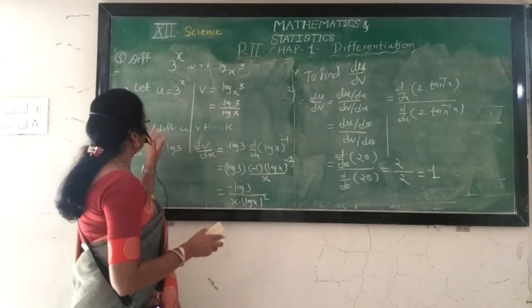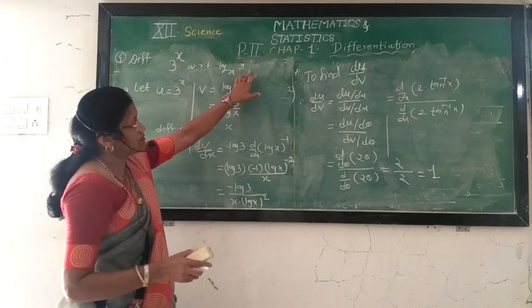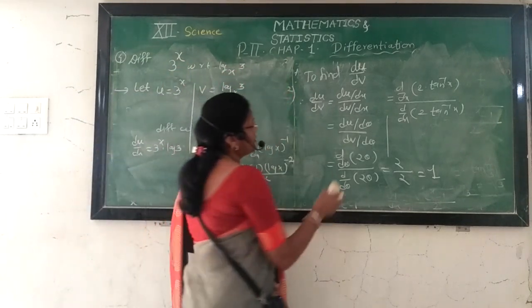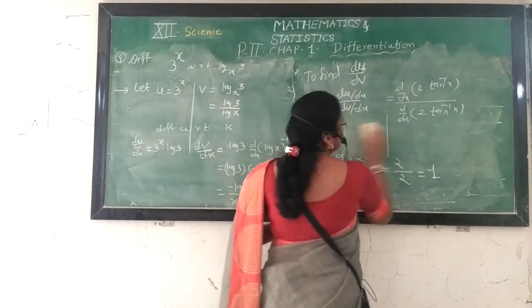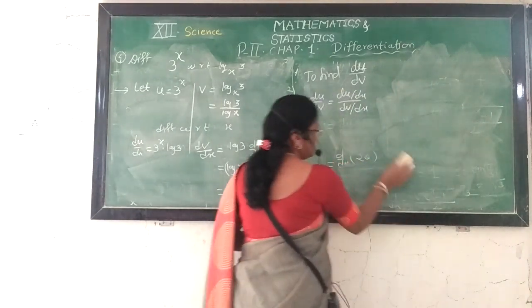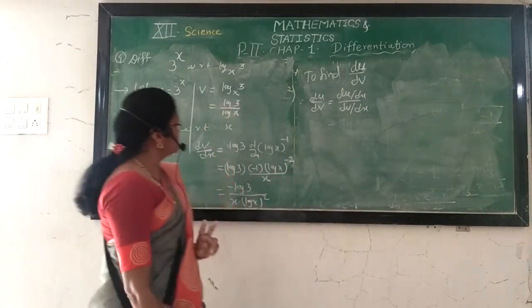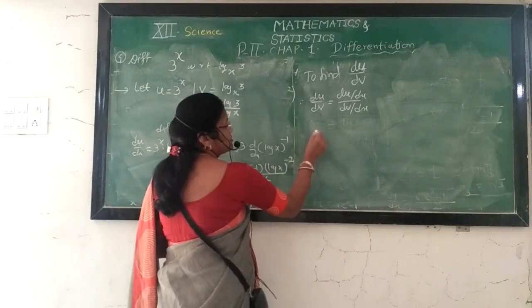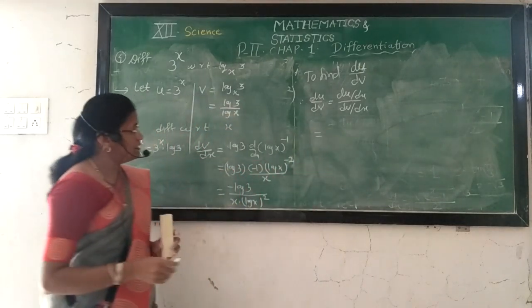Now to find the derivative of 3 raised to x with respect to log 3 to the base x, that means du by dv. By using the rule of derivative of parametric function, here the parameter is x, so we take du by dx divided by dv by dx.